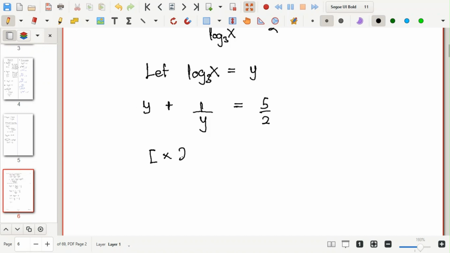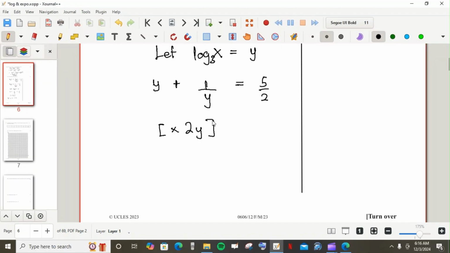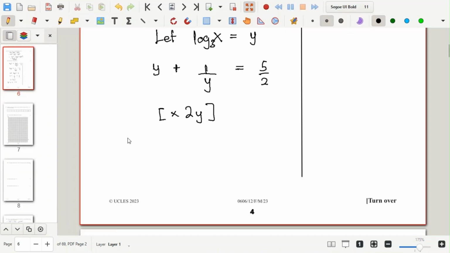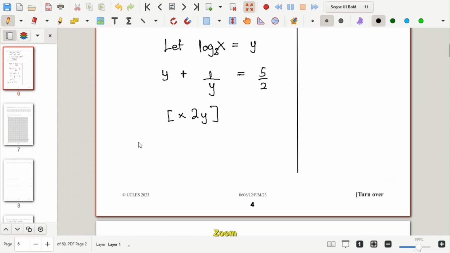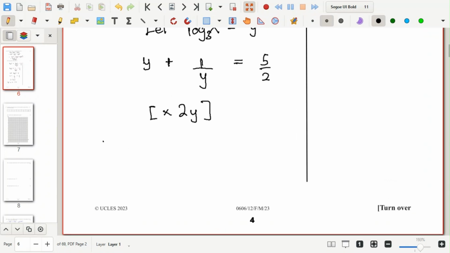If you multiply throughout by 2y, this should give me 2y squared, plus 2 is equal to 5y.